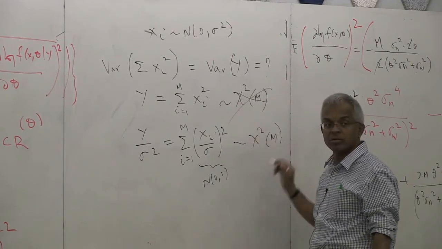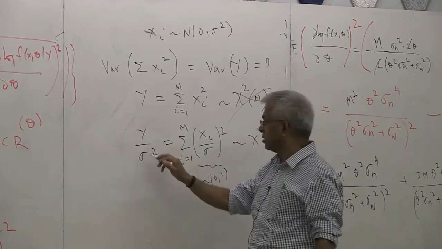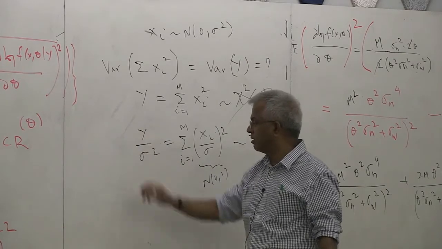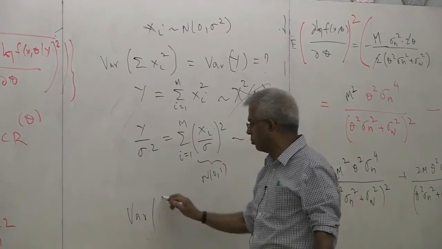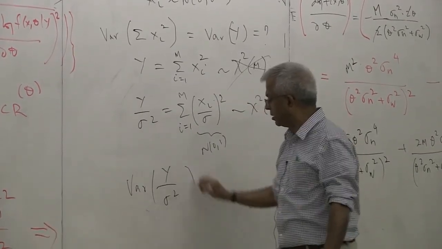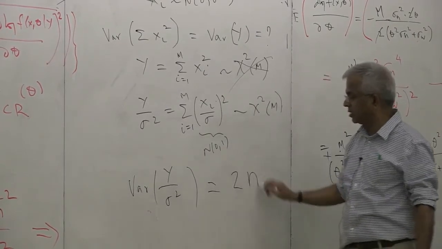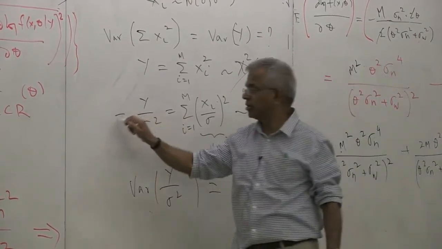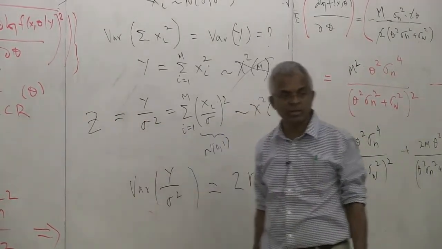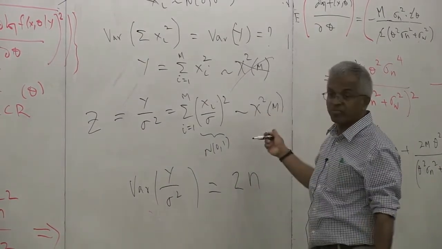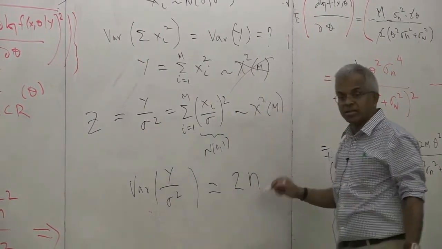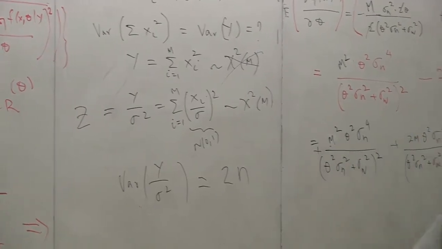So you know that the variance of y over sigma squared is 2m, because chi-squared has the property, if I remember right, that the mean is m and the variance is 2m.